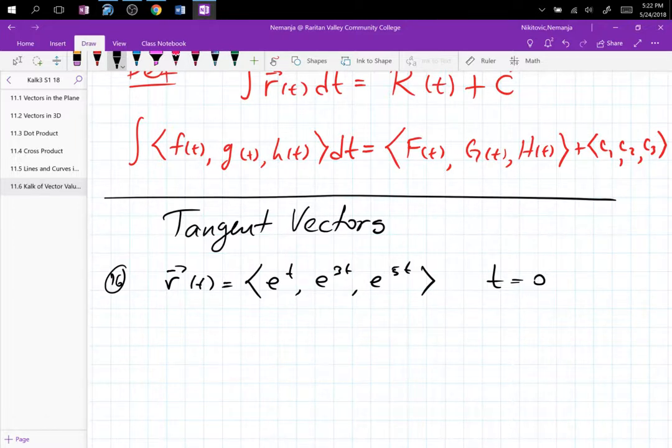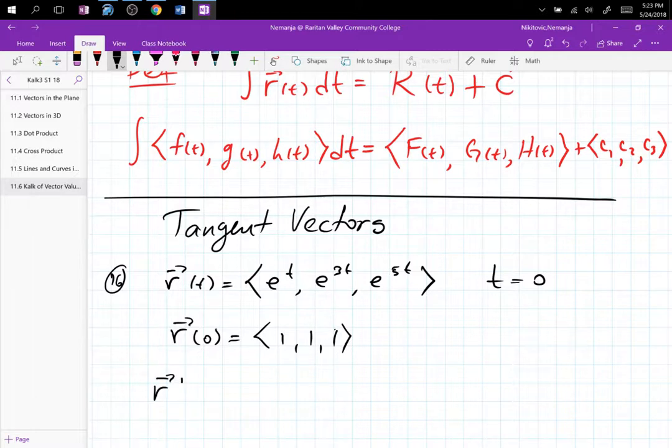First off, I want to know r of 0, because we are computing at that point when time is equal to 0. So r of 0 is going to give me the vector 1, 1, 1, because e to the 0, e to the 3 times 0 is still e to the 0, and e to the 5 times 0 is still e to the 0. So they're all e to the 0, and they're all 1s.